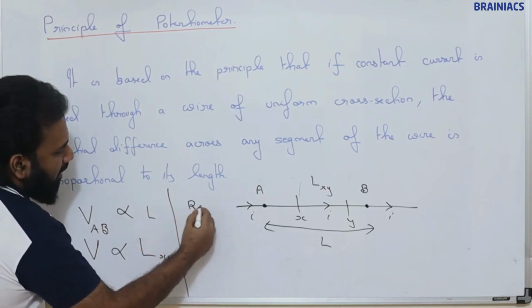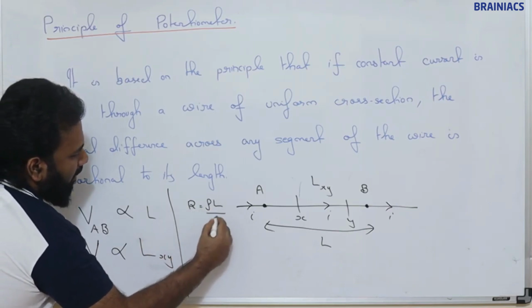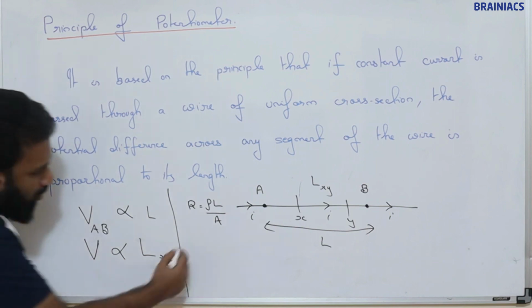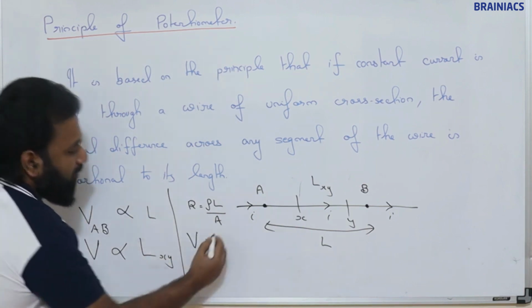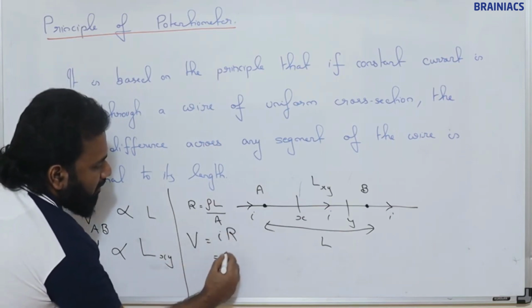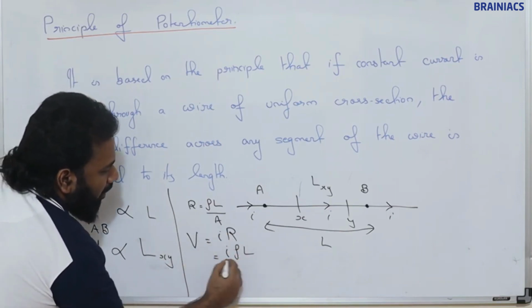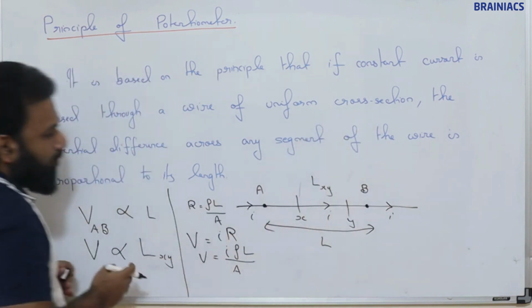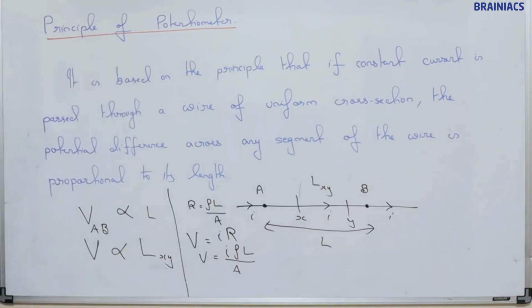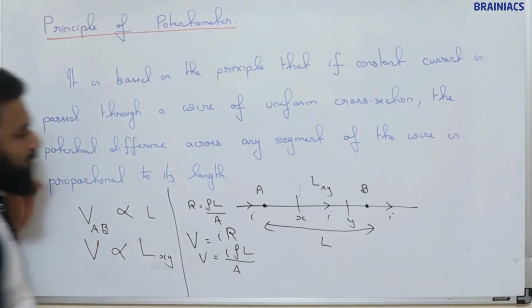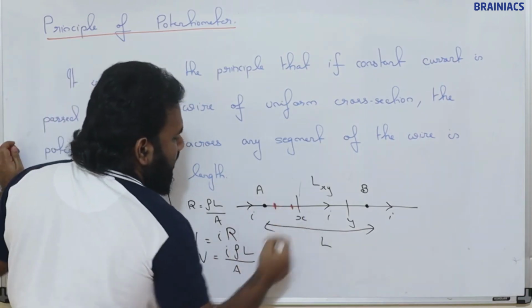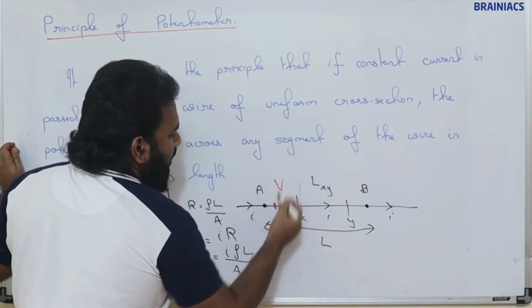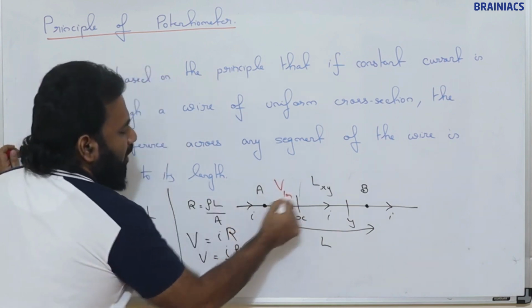Resistance R is equal to rho L by A, and we know the potential difference is nothing but IR. So we can write V equals I rho L by A. If we take different lengths, say for example these 2 points, suppose this is 1 meter, then this is the voltage of 1 meter.